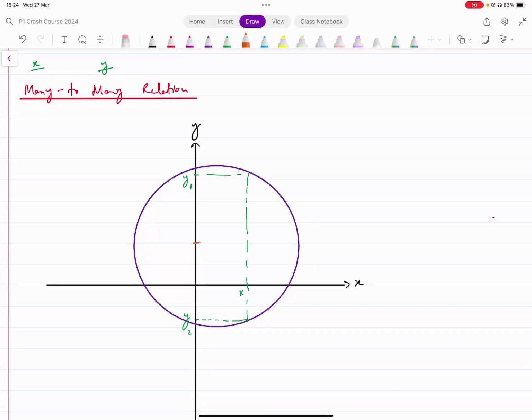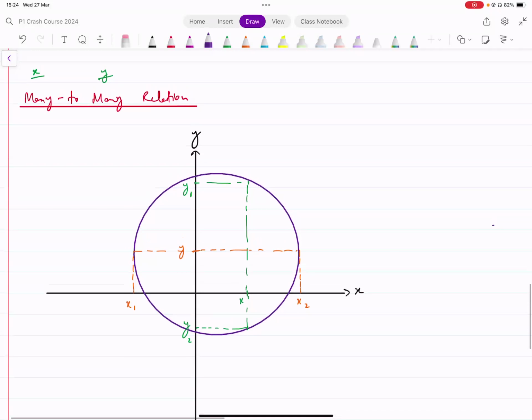For example, if I consider this y, I get two possible values of x corresponding to that. One is here and the other is here. So we have x1 here, x2 here. So one value of x can give you multiple values of y, and one value of y could come from multiple values of x. Okay, that's the idea. This is a many to many relation. It's a circle. You could have an oval as well. These are some graphs that are many to many relations.